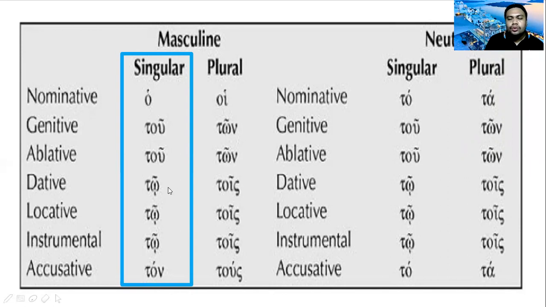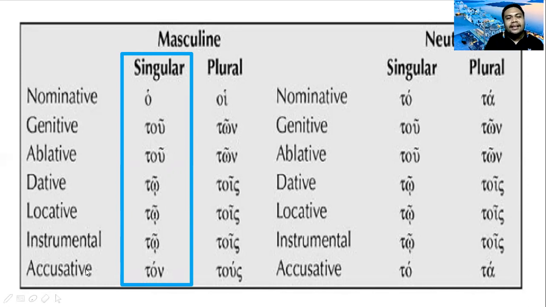Dative, we have toi with an iota subscript. One characteristic of this is it has an iota below the omega. That is called the iota subscript. Toi. Locative is still the same, toi, and instrumental, toi. As you can see, the dative, locative, and instrumental are also identical.